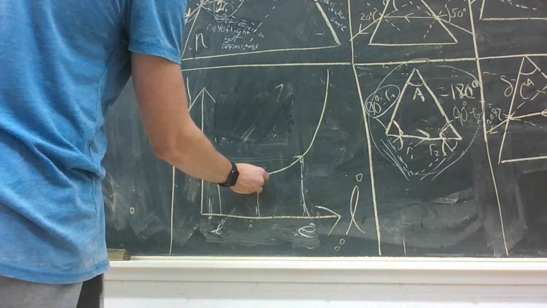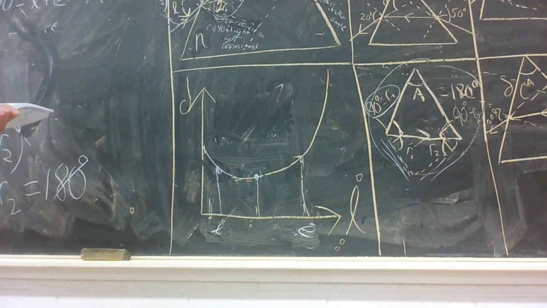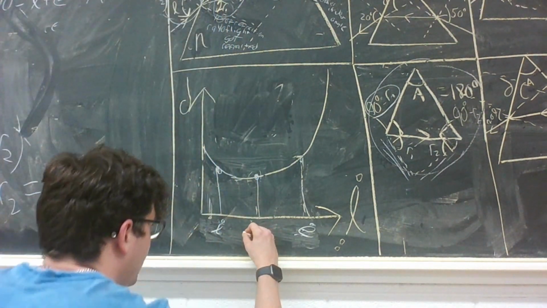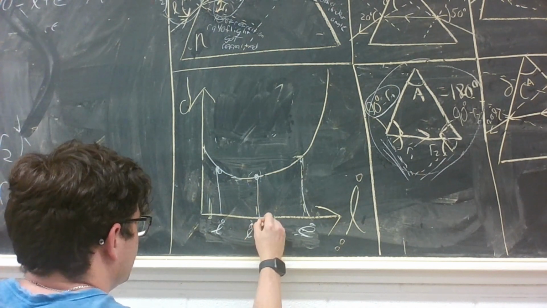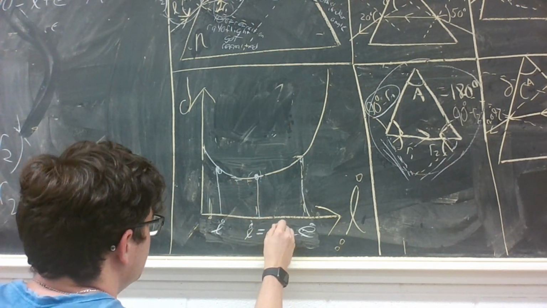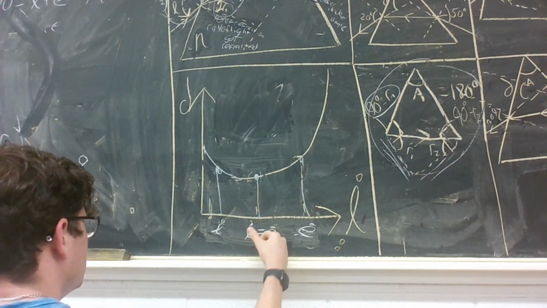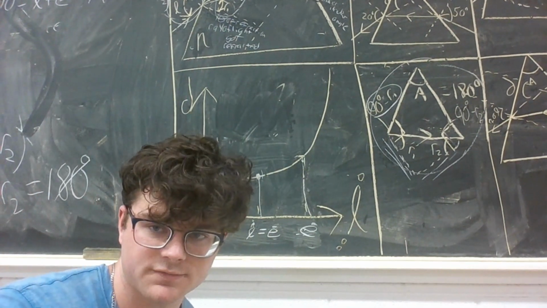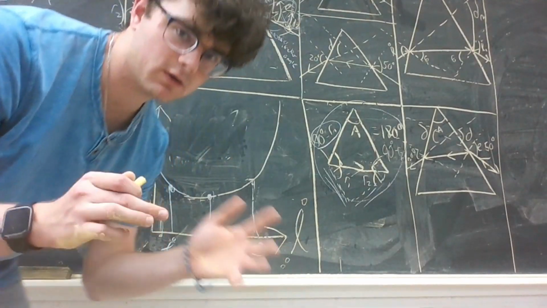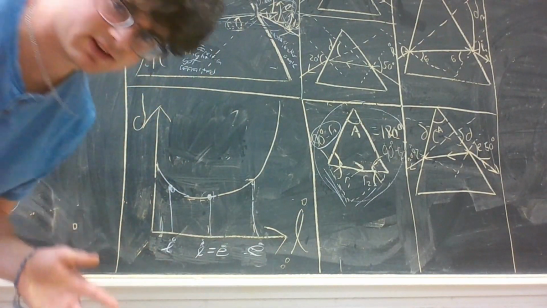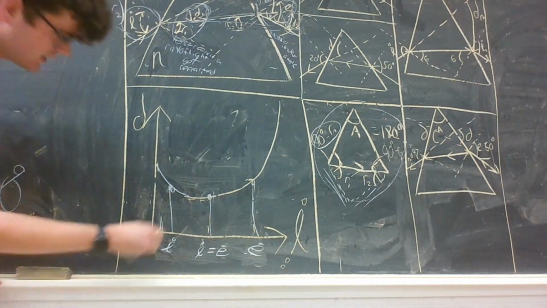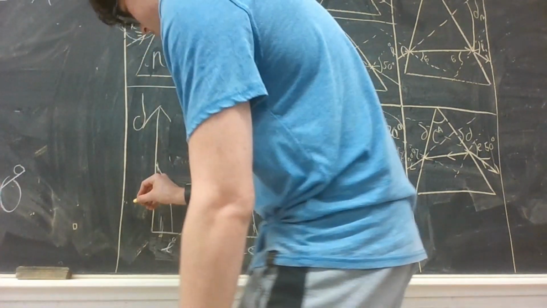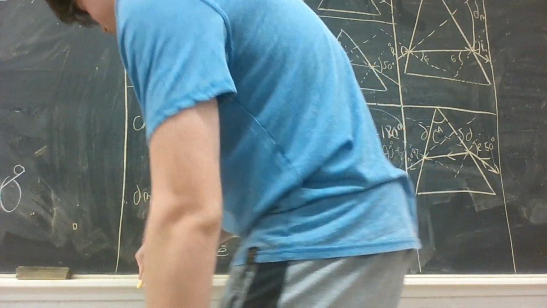At this point, I is equal to E, or the angle of incidence is equal to the angle of emergence. There's only one point where the angle of incidence equals the angle of emergence, and that is at the deviation minimum.